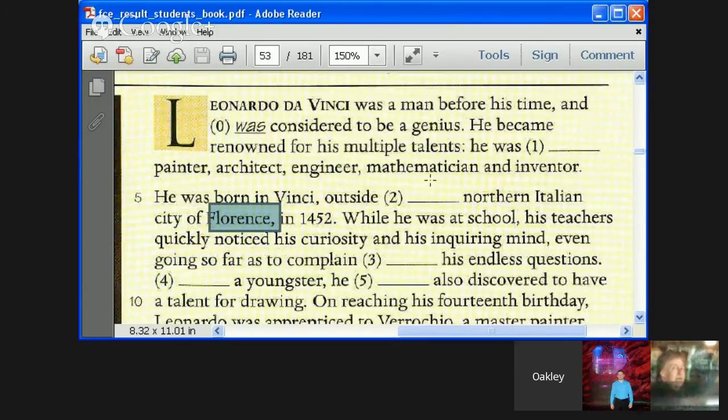Okay, outside the northern Italian city of Florence. Very important English note: outside Florence, when you say a city like Vinci, we don't use an article. We don't use the before any city name. However, if you're using all these northern Italian cities, we're not talking about Florence, so the city, we do use the before city. Okay. All right.